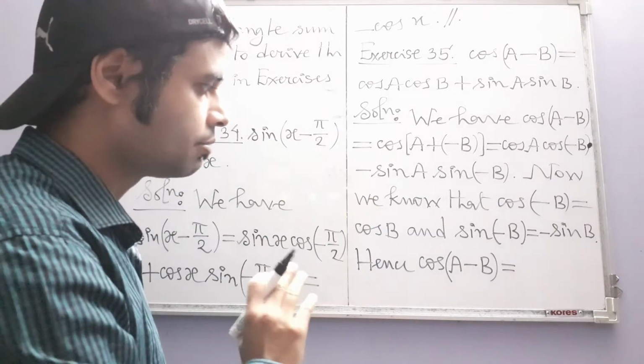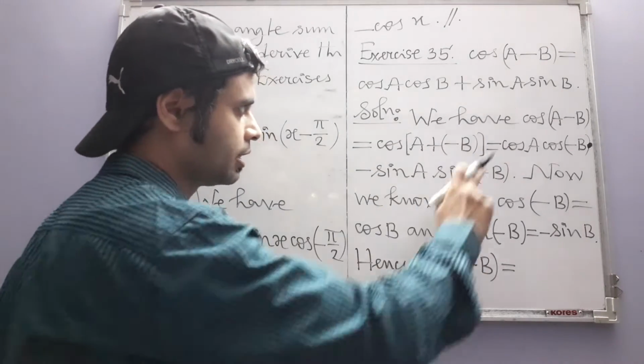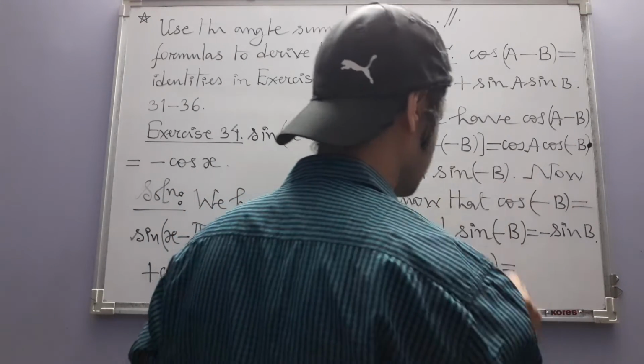They are already there above. Now you just use this result, that cos(a minus b) is this thing.